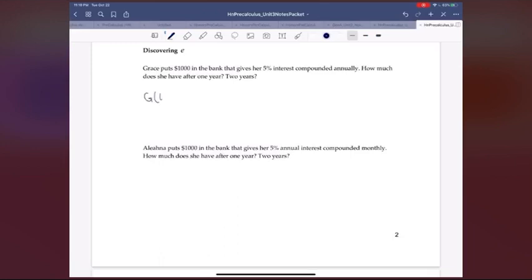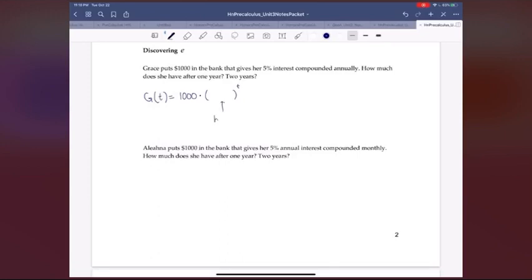So we know that the initial value of Grace's investment will be $1,000. And then we need to figure out what b is, what the growth factor is.